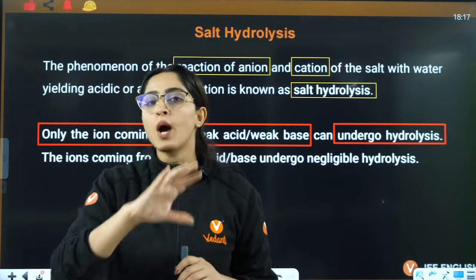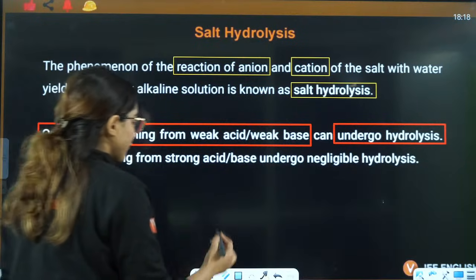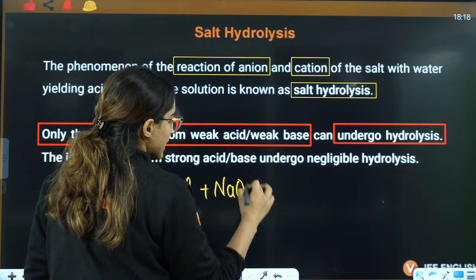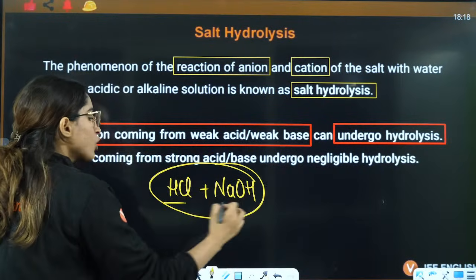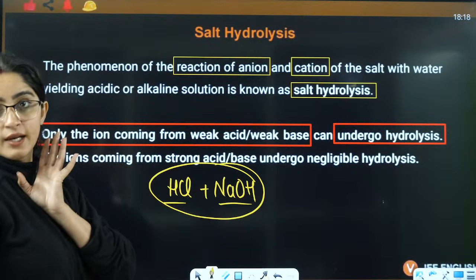See, suppose you have a strong acid and a strong base, for example HCl and NaOH. In this case, all of the H positive and OH negative will be ionized completely.